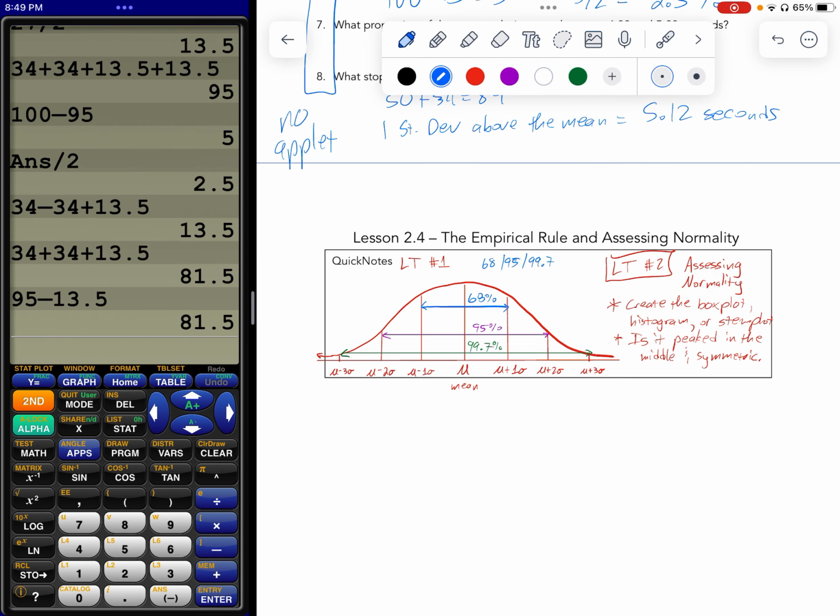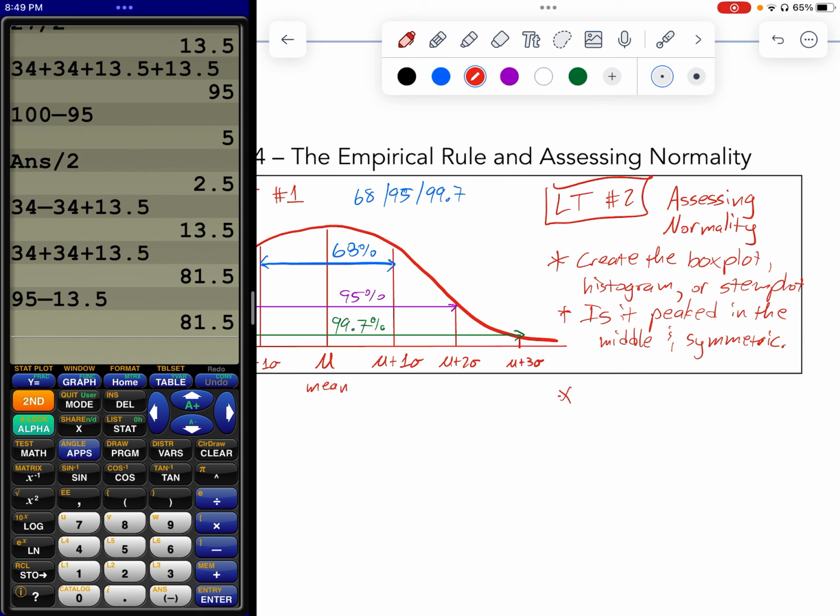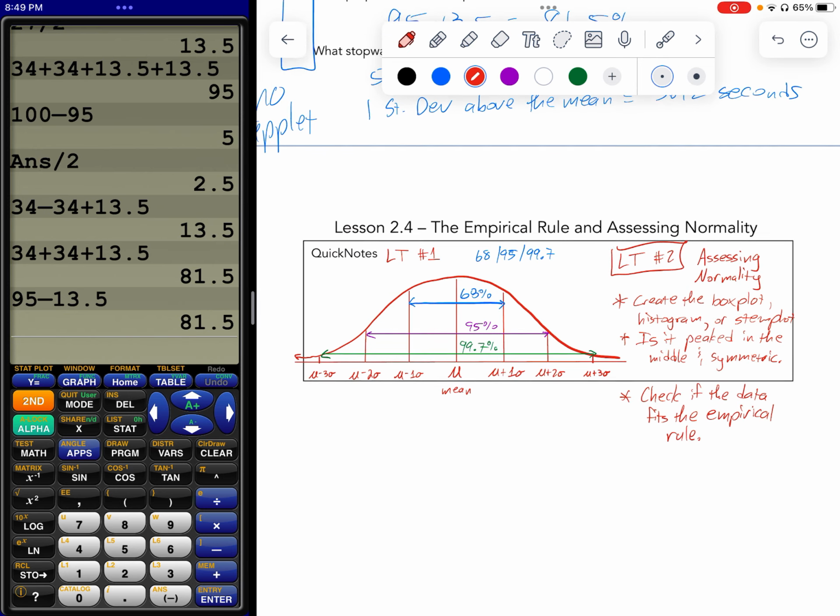And then the last one, which takes a lot more time, is to check if the data fits the empirical rule. Okay, this takes lots and lots of time.